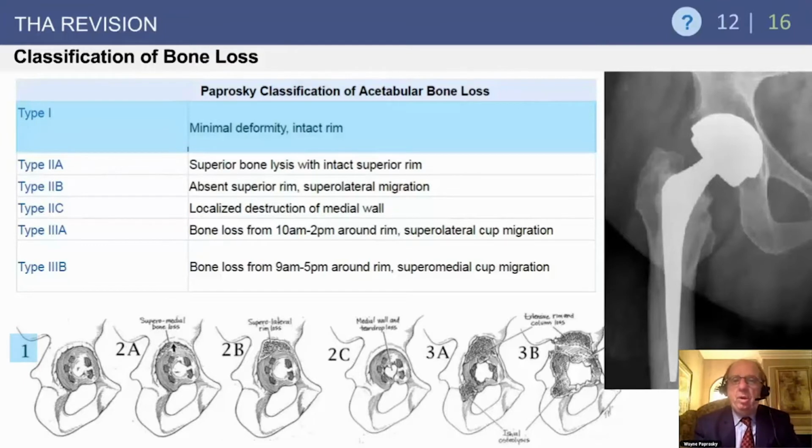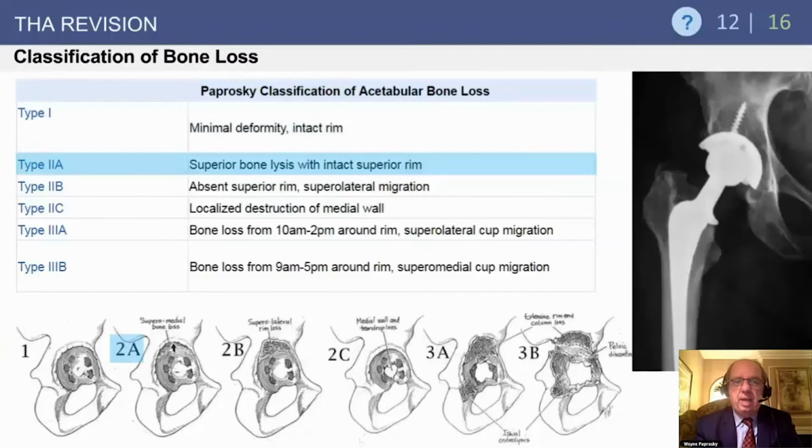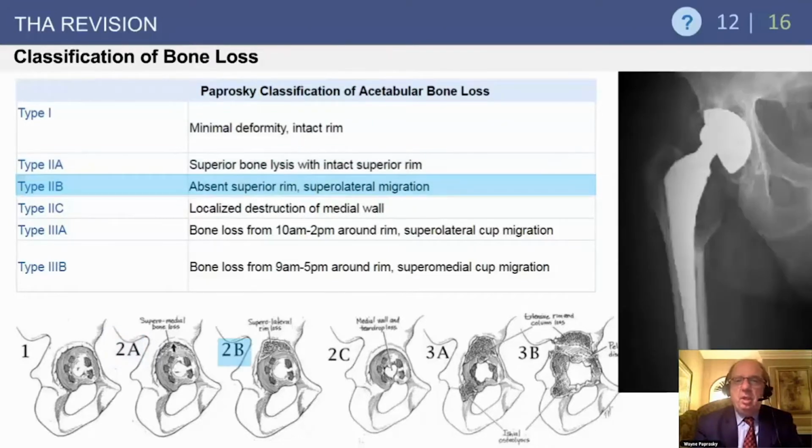So type 1, there's no migration whatsoever. The rim is completely intact. A 2A, you can see this is volumetric bone loss and very minimal migration. You can see here the 2B, we have superior migration.